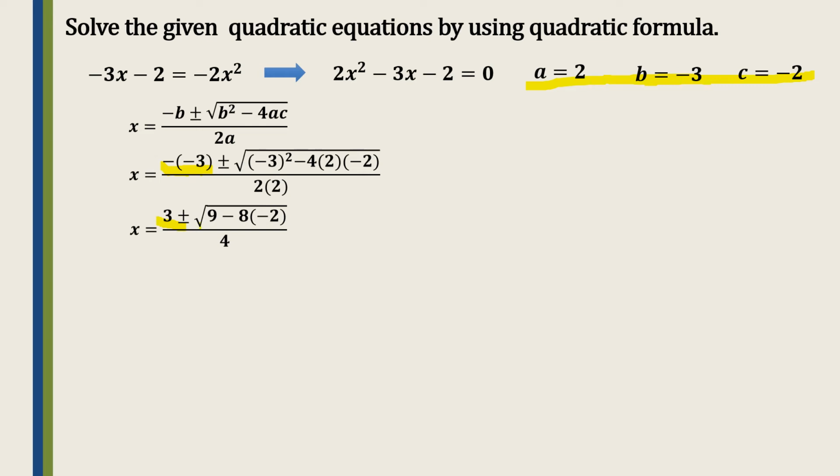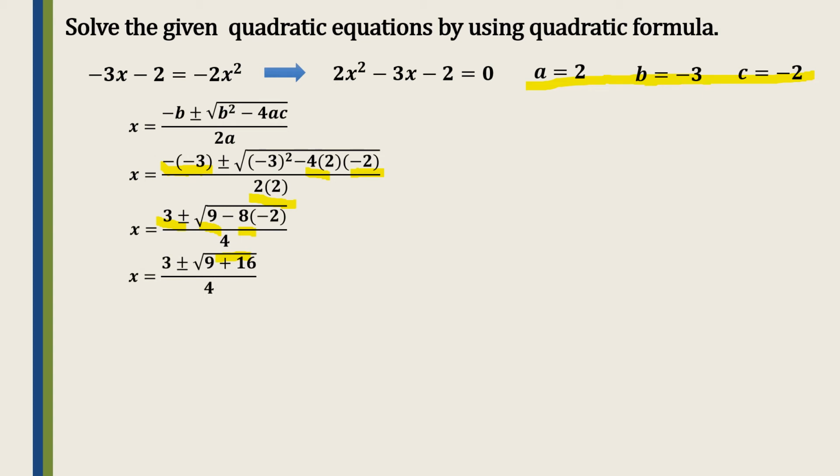Ang 9 galing sa negative 3 squared. Ang 8 galing sa 4 times 2. Then, copy negative 2. Pwede naman yun idiretso, kaso inisa-isa natin para mas maintindihan. Yung denominator na 4, nagmula sa 2 times 2. Okay, next.